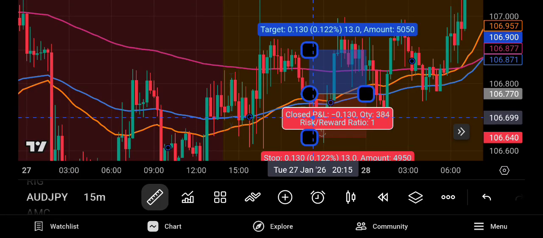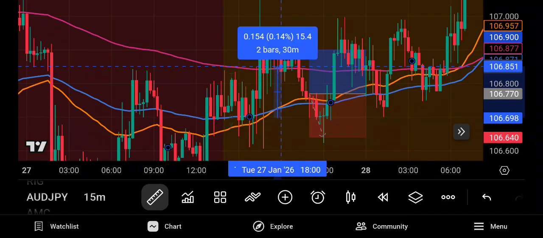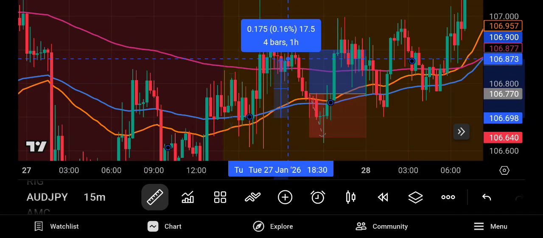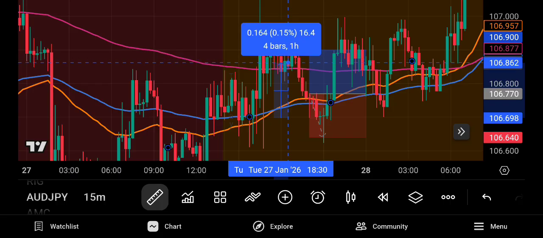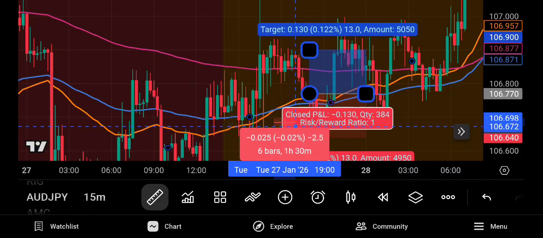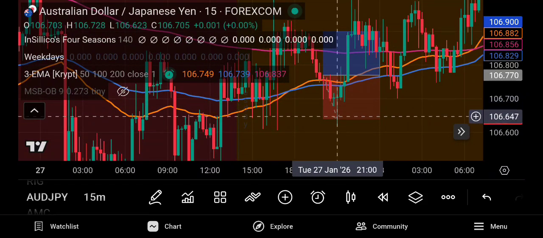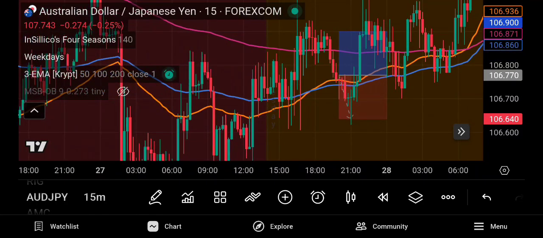If we look at it from right here where it wicked down, and right here, it was about an 18 pip stop. So if I would have used a minus 5 pip, that would be somewhere around this area. So I still would have been taken out by this big green wick right here. So that trade would have been lost.